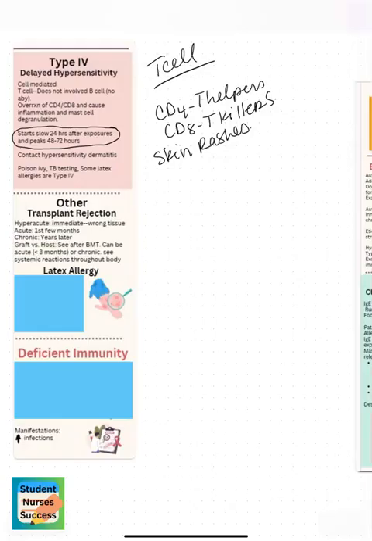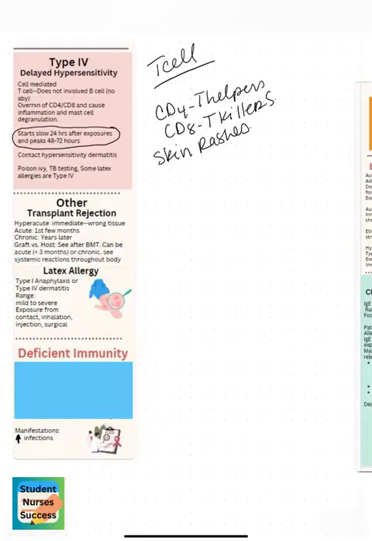In these particular cases, graft versus host disease is very complicated, very difficult to manage. It can be acute or it can be chronic, but the symptoms we see are very systemic and throughout the whole body because usually stem cells are reaching all parts of your body. So it's not like just rejecting a kidney and going into kidney failure. You're actually having whole body systemic reactions to it.